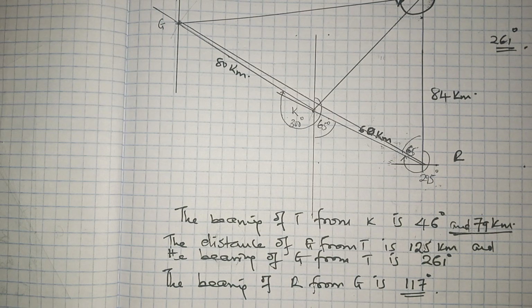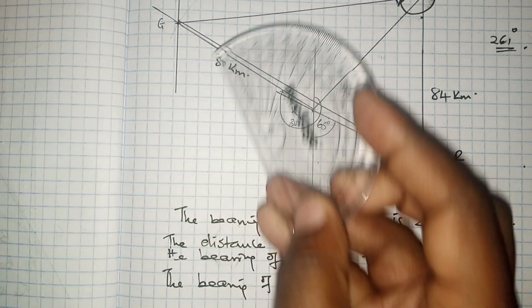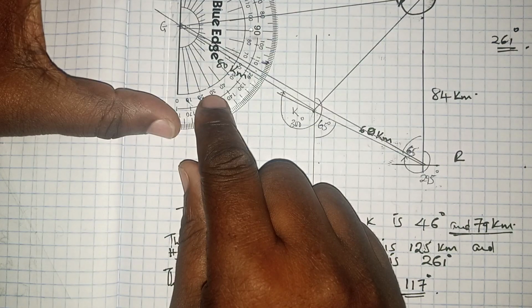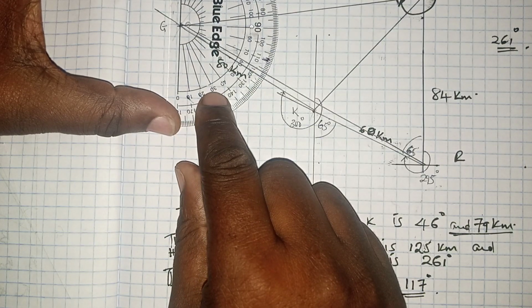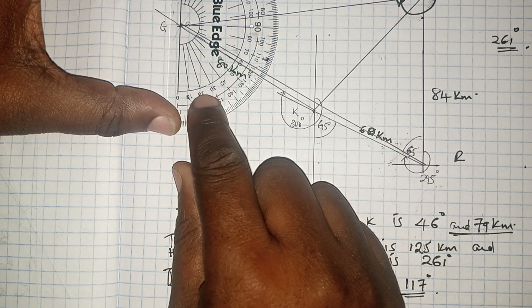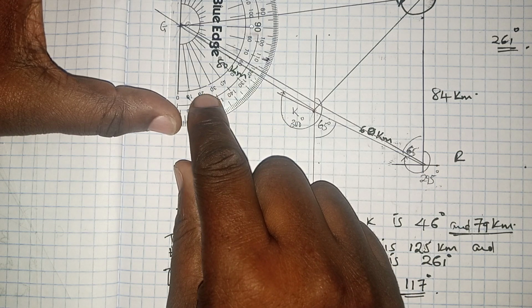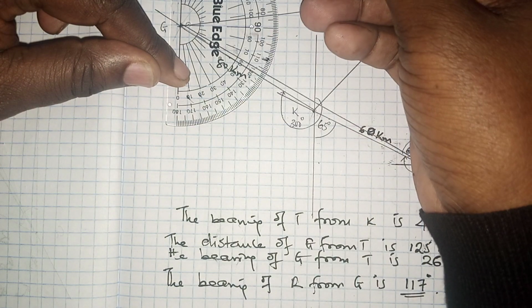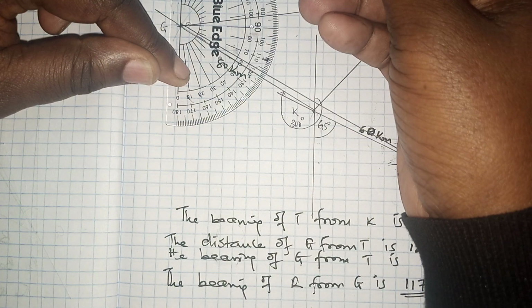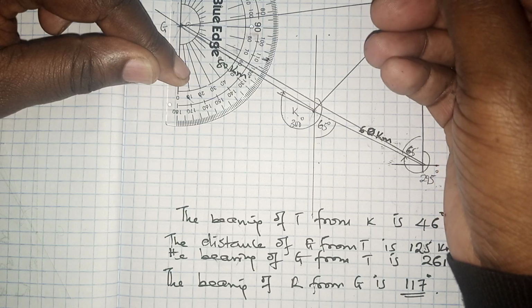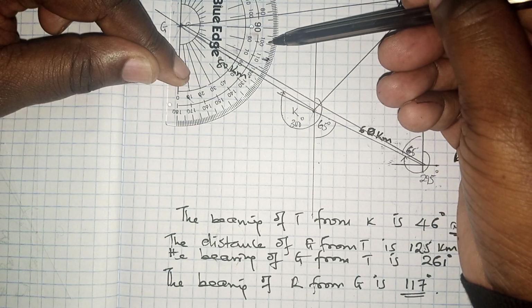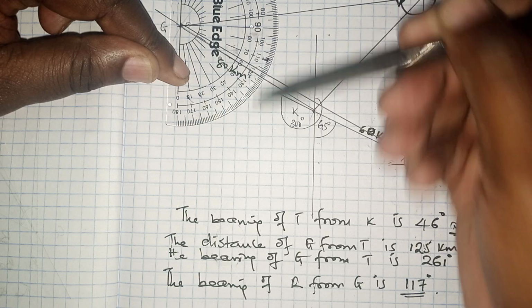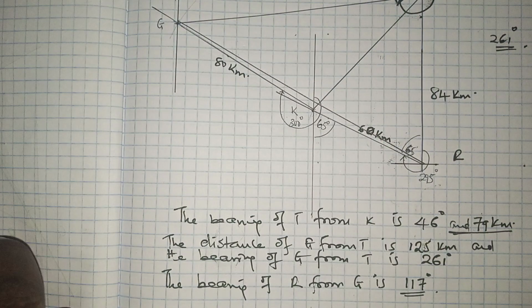We can take that again for confirmation. This is the outer scale: 10, 20, 30, 40, 50, 60, 70, 80, 90, 100, 110, 115, 116, 117. There we are.